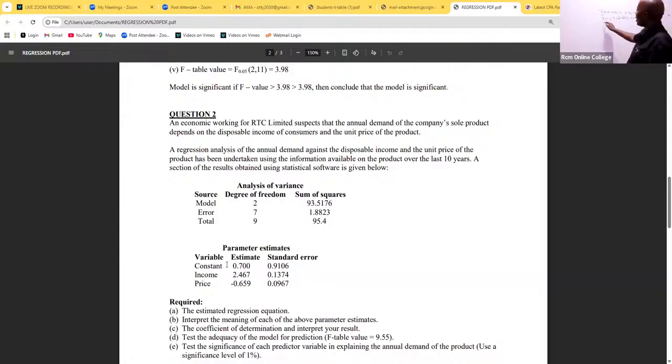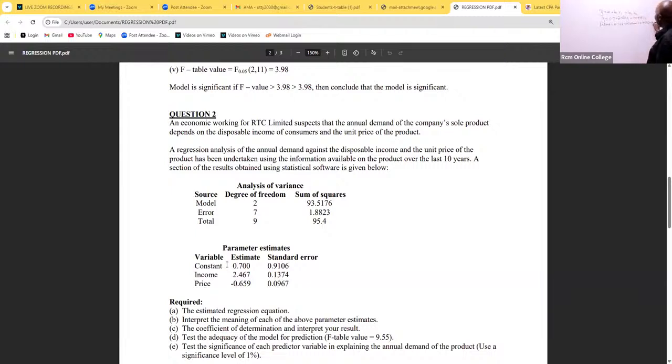If you wish, you can say income equals 0.7 plus 2.467 x1, where x1 itself is income, minus 0.659 x2, where x2 is price.